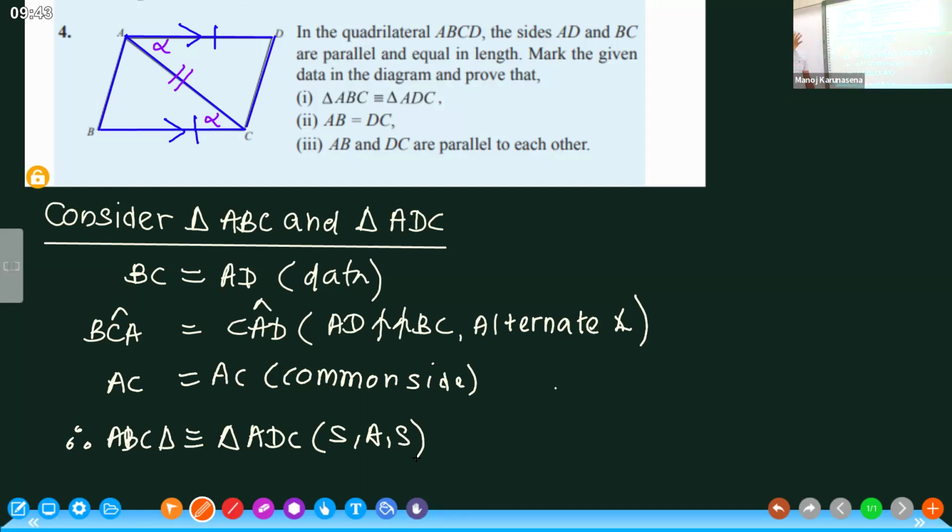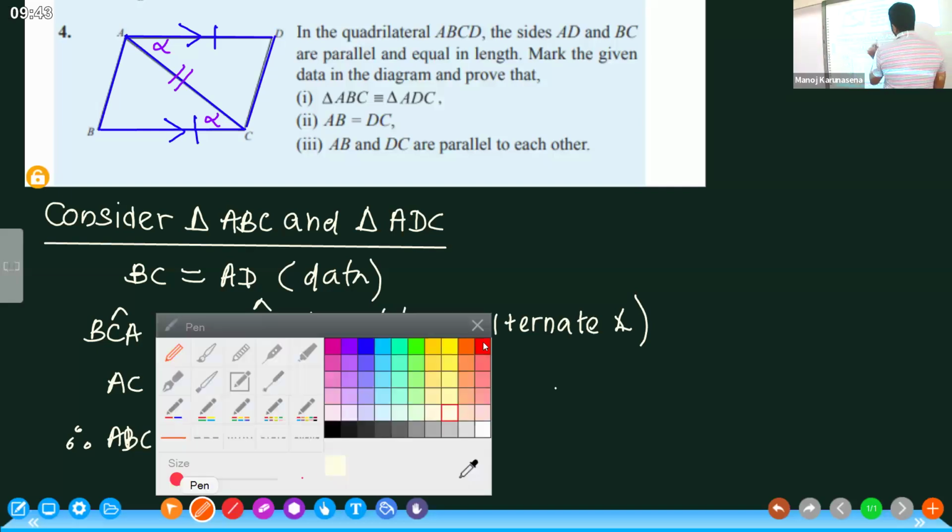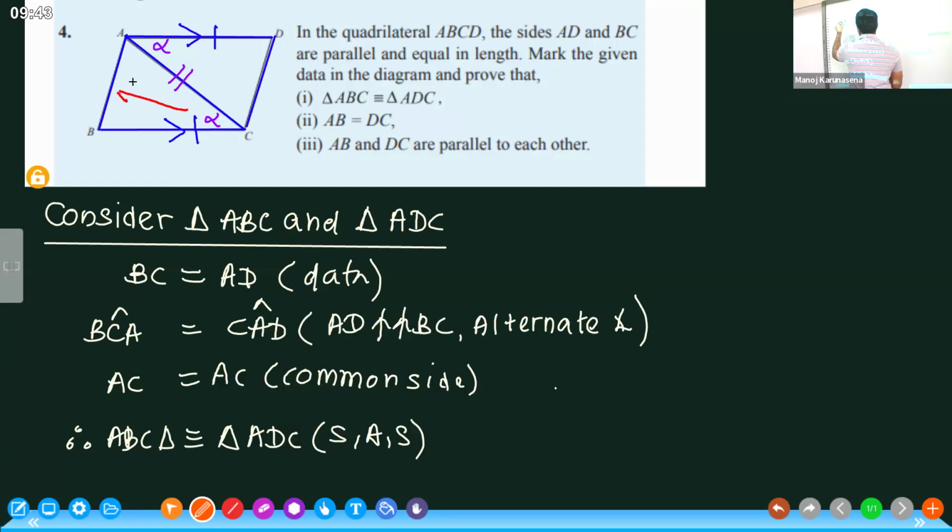Yes. Right. We have to prove AB is equal to DC. Now this AB side is the opposite side to this equal angle. On the other triangle, the opposite side to this equal angle is DC.